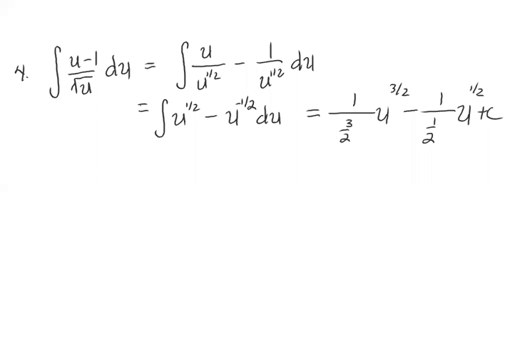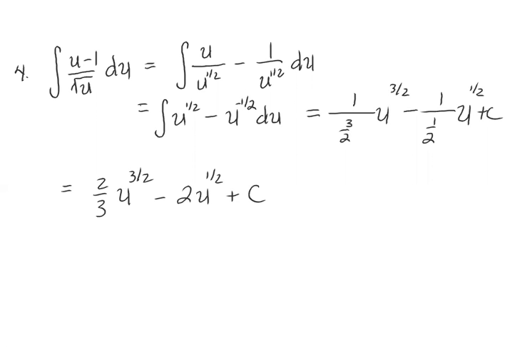Okay, so let's rewrite that so it looks a little cleaner. That is equal to 2/3 u to the 3/2 minus 2 u to the 1/2 plus c. So I have an integral.